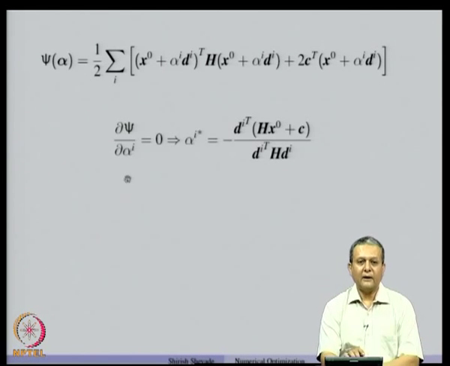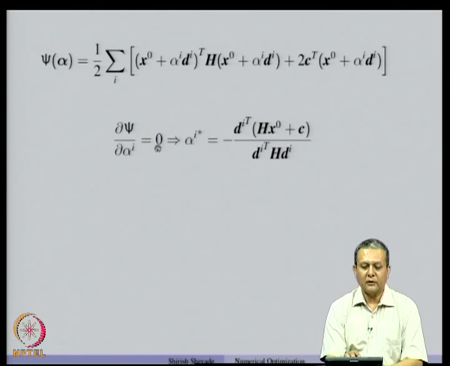So, we take one alpha at a time and optimize with respect to that, and by setting the derivative of this to 0, we get alpha i star to be minus d i transpose (H x naught plus c) divided by d i transpose H d i.